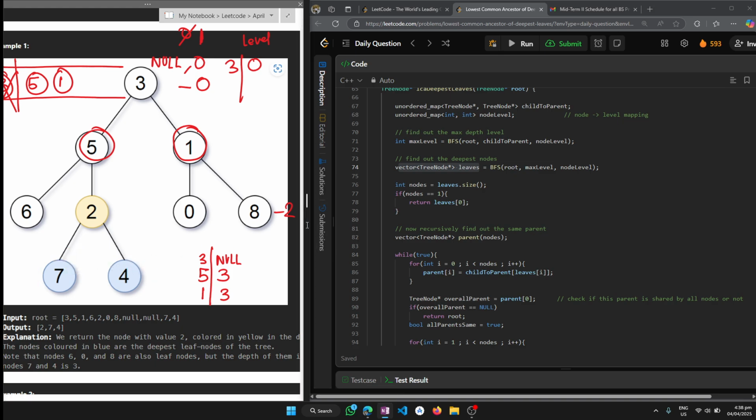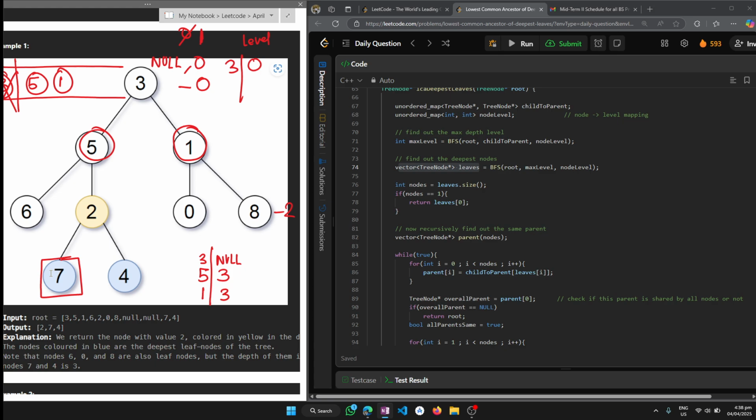So you see, if you have just one node inside of leaves, let's say, just forget about this 4. Let's say you just had this 7. Then what did I say? The question said that if you have just one deepest leaf, then it is going to be the LCA of itself. So that's what I'm doing over here.